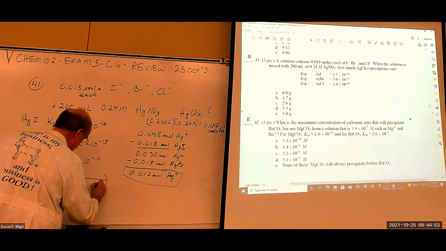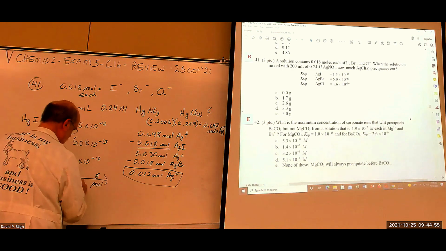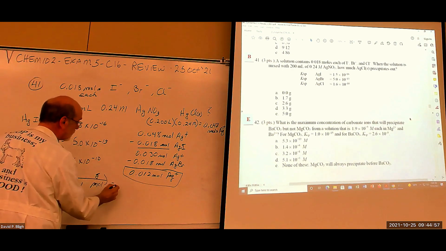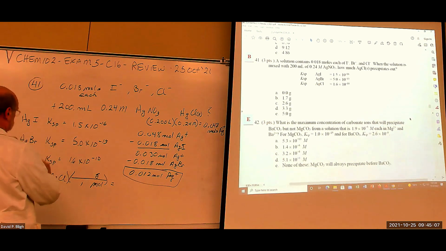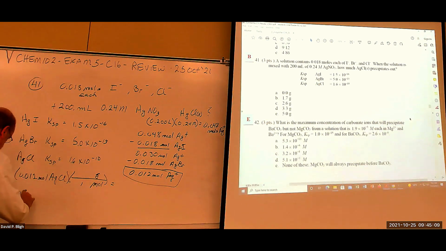Now we just need to find out what's the molar mass of silver chloride. Doesn't tell us, does it? Okay. Silver, 107.87. Right? Chloride, get that one memorized. 35.45. Okay.